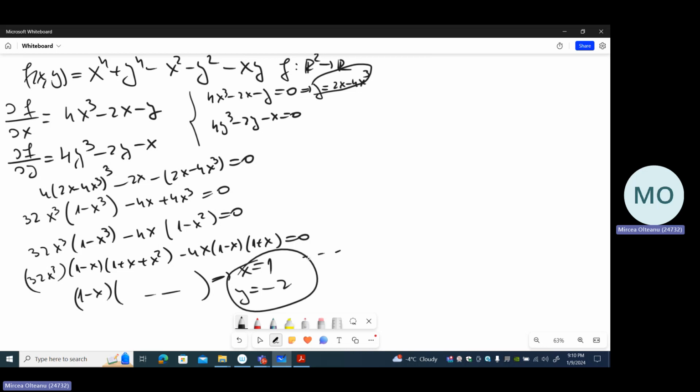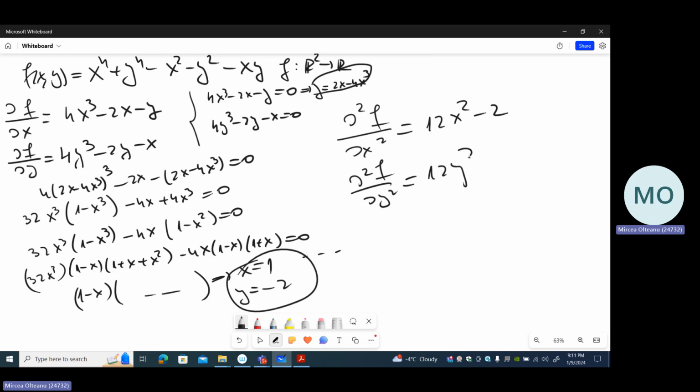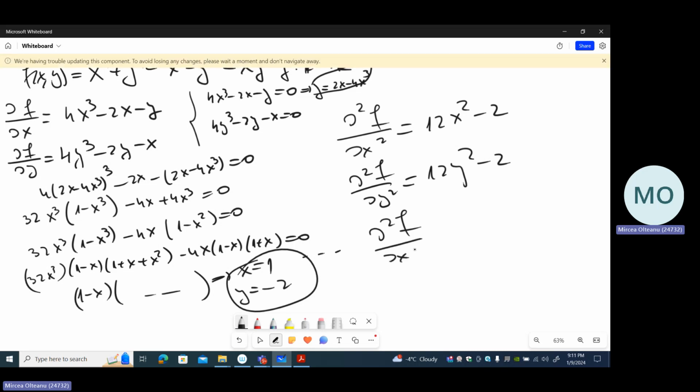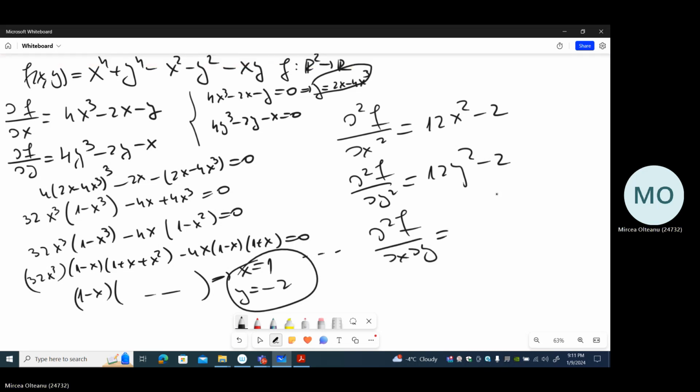And now we have to decide if this is an extremum. For that, we compute the second order partial derivatives: 12x squared minus 2; with respect to y, it's 12y squared minus 2; and the mixed second order partial derivative is minus 1.